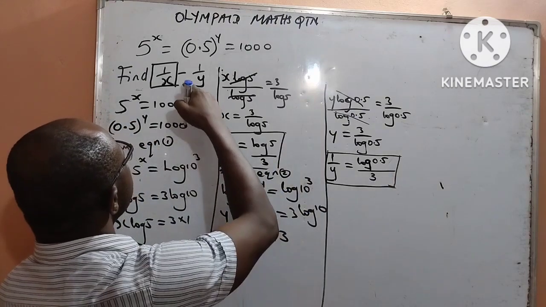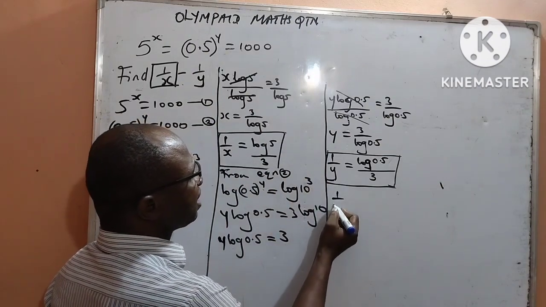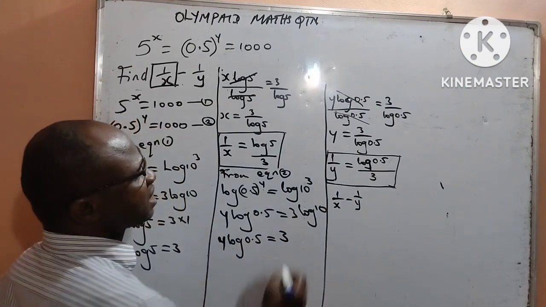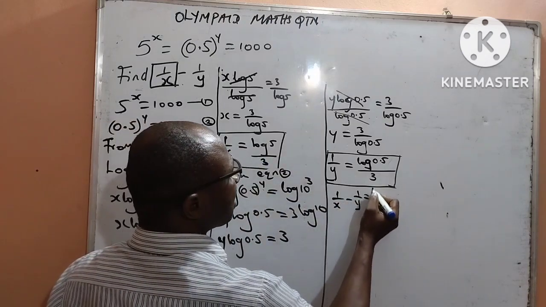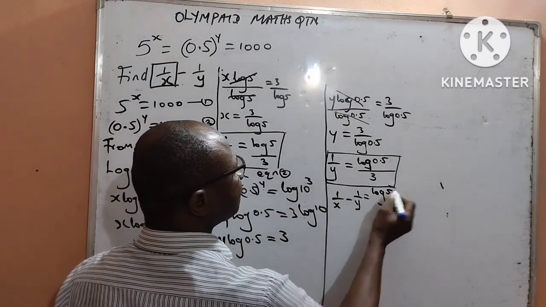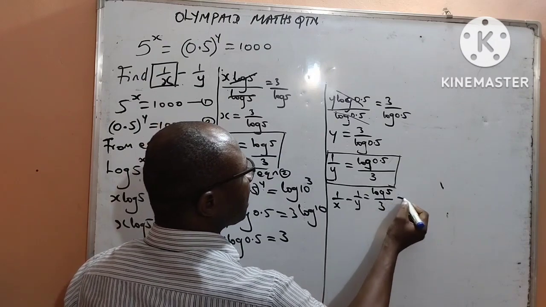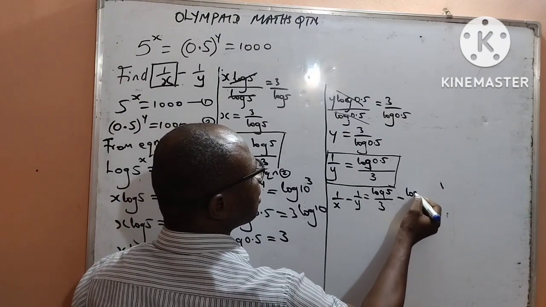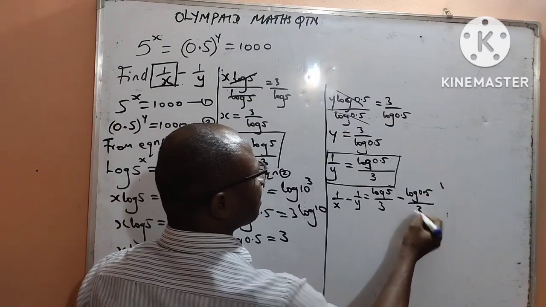Therefore, from what I am asked to find, which is 1 all over x minus 1 all over y, I can now write it as my 1 over x is written as log 5 over 3, then minus my 1 over y is log 0.5 all over 3.